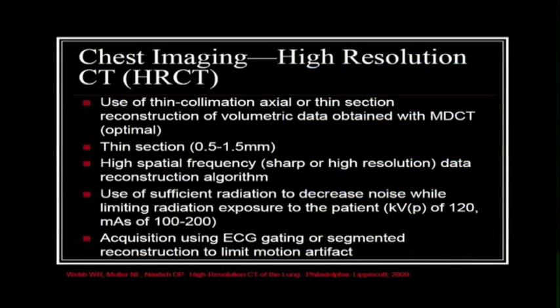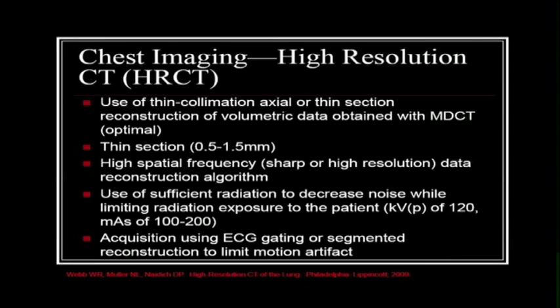These sections are very thin, usually between 0.5 and 1.5 millimeters, and that's just to contrast, a standard CT scan is between 3 and 5 millimeters. They use a high spatial frequency data reconstruction algorithm, and the radiologists and the people who develop these algorithms try to balance the use of sufficient radiation to decrease noise while limiting the radiation exposure to the patient.